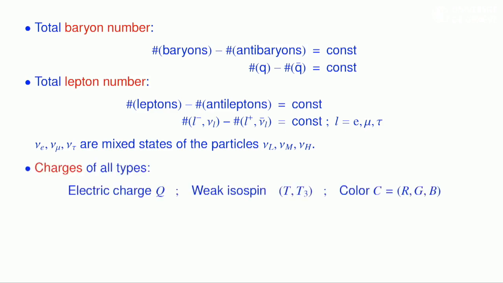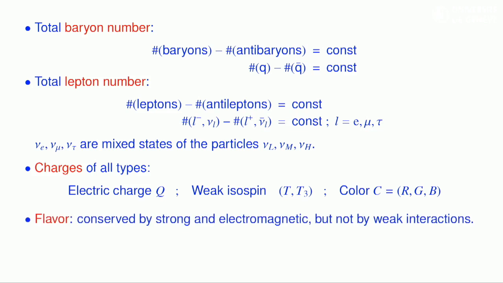But more important than that, the charges of all types are rigorously conserved as far as we know. This evidently concerns the electric charge Q that you're familiar with, but also the weak isospin T and T3 and the color charges R, G, and B. The flavor, which distinguishes between generations, is a special case.